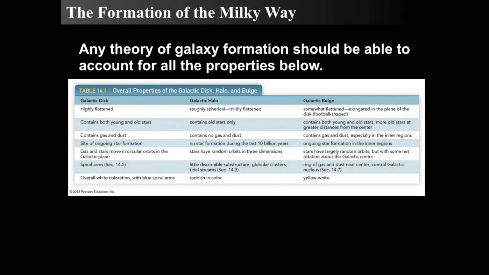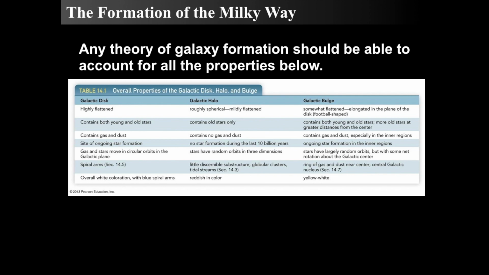The bulge itself is a little different. It's kind of a mix of the halo and the disk. It's pretty flat, but it's flattened along the way of the disk. And it contains both young and old stars, but there are many more old stars. And the farther away the stars are from the center, the older they are. There's lots of gas and dust in the inner regions, but that's only in the central region of the Milky Way, which we'll talk about in the future. And there's ongoing star formation in the inner regions only because there is gas and dust.